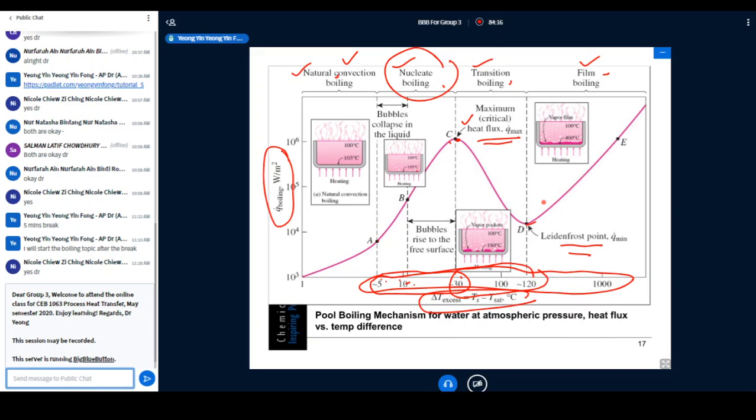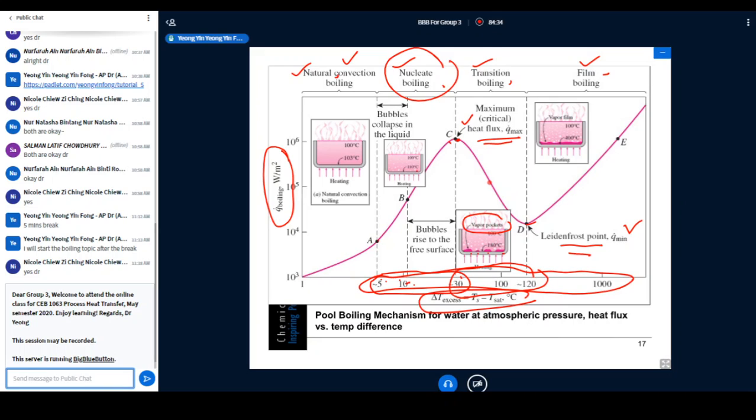So how would the boiling liquid look? You can see vapor pockets start to form. You can see why the heat flux is reduced, but the delta T excess is actually higher than that in the nucleate and natural convection boiling, because this vapor pocket forms an extra resistance.